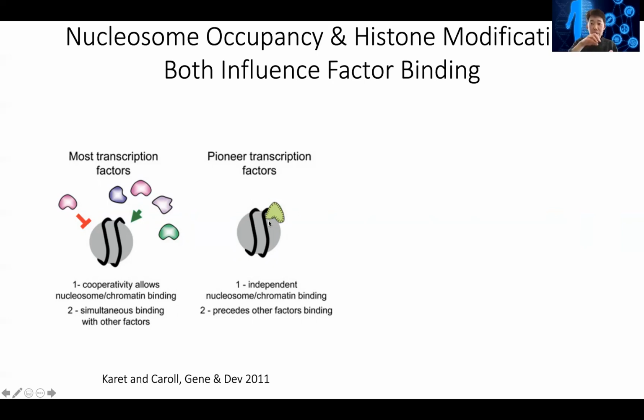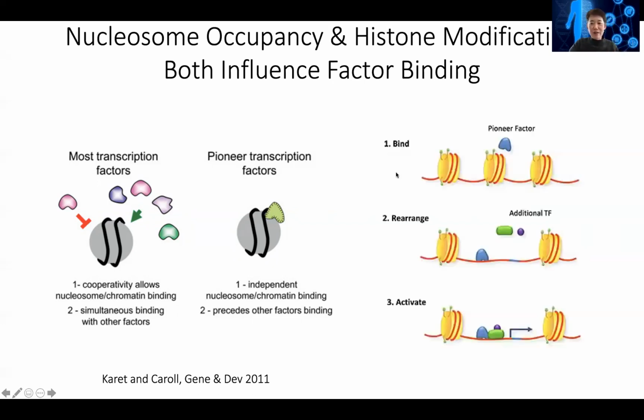They sometimes even prefer to bind to these nucleosomal DNA regions. And the reason they are called pioneering factors is once they go there, they can kick out the nucleosome and help other transcription factors to bind to this region. And then that will help transcription of the nearby genes.